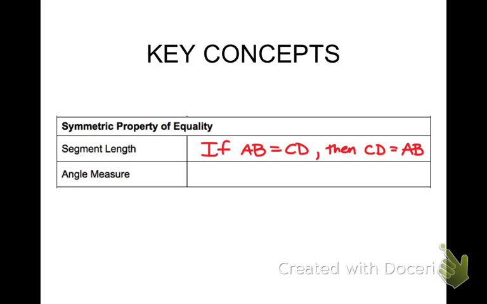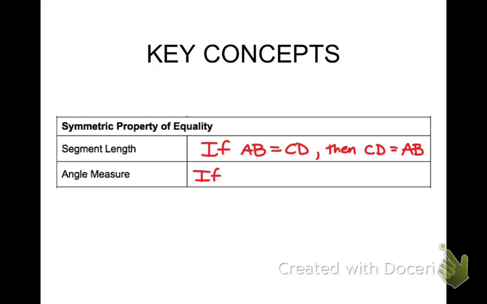So if I kind of thought about it, don't put this in your notes, just watch. If I thought about putting a line of symmetry through the comma and ignoring the then and folded it, the CD would overlay on top of the other CD and the AB would lay over top of the other AB. Do you guys see how it's symmetric? Yes? It's flip-flopped. Good. So that's the symmetric property of segment lengths.